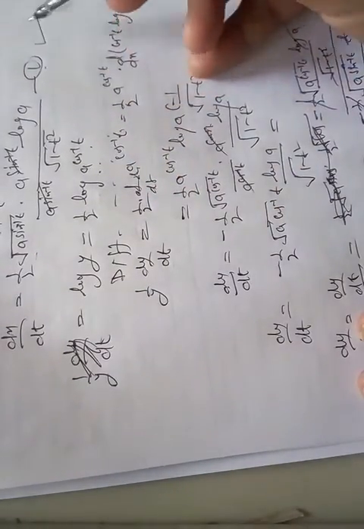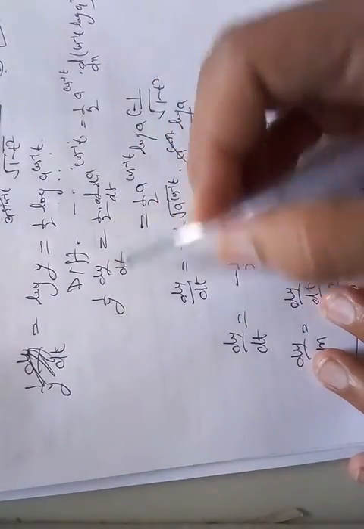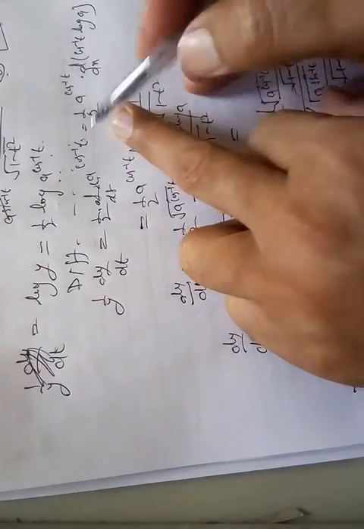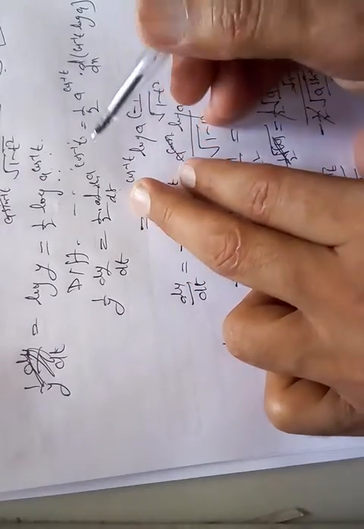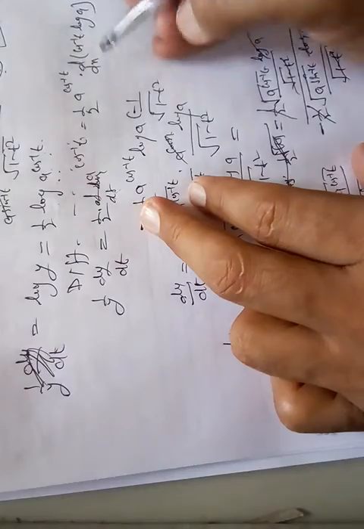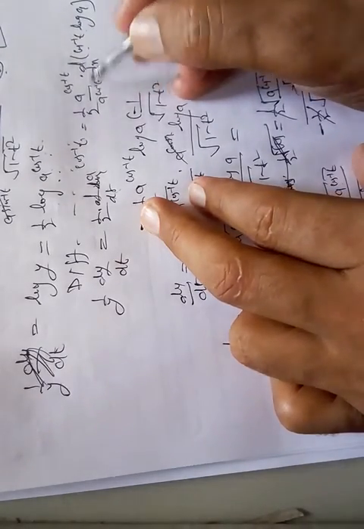This cancels, and similarly y equals 1/2 log cos inverse t. Differentiate 1/2 of log a raised to cos inverse t: this is 1 upon a raised to cos inverse t, and this cancels.